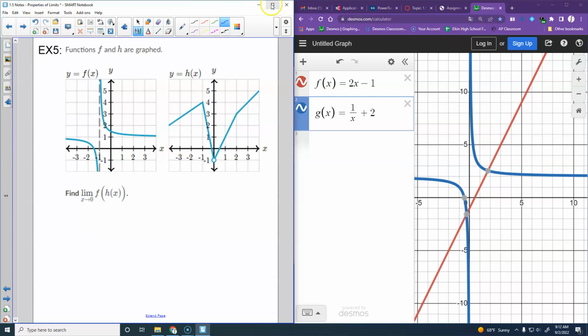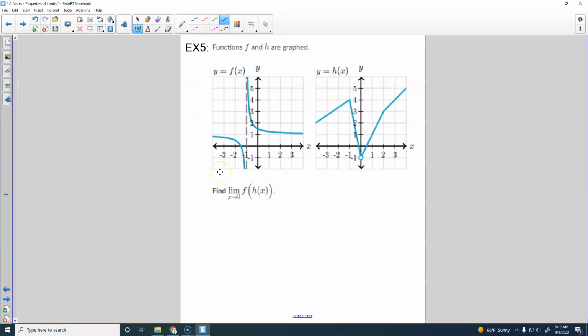All right, this one has a couple graphs, and here's where things are going to get a little bit weird. To do this problem, we've got the limit as x approaches 0 of f of h of x.